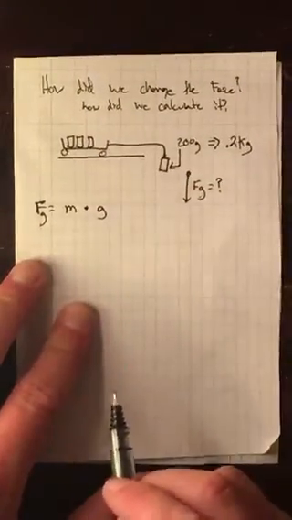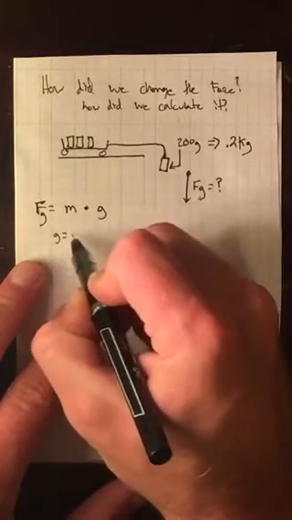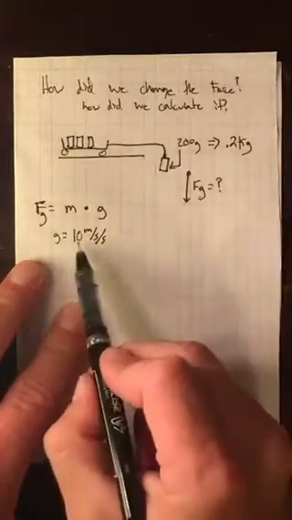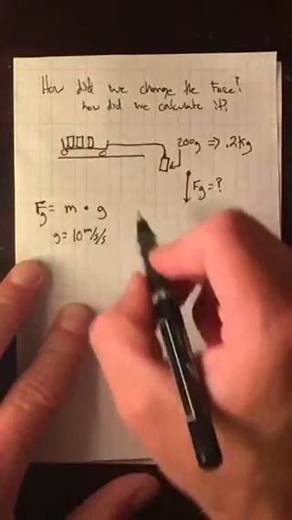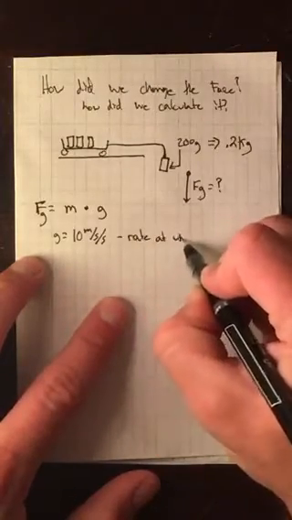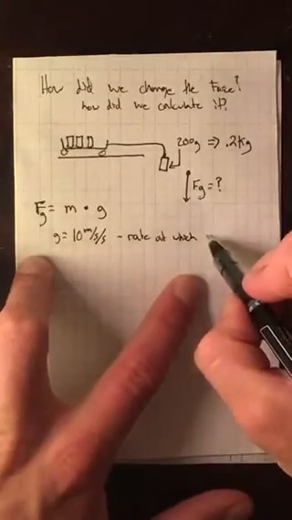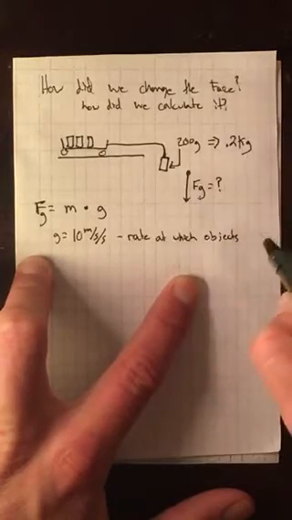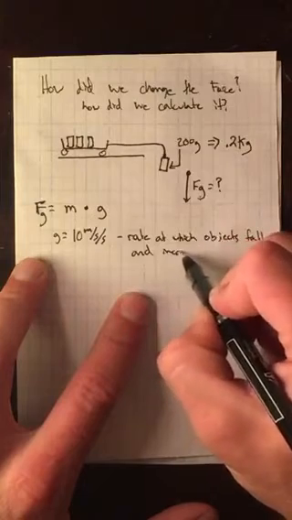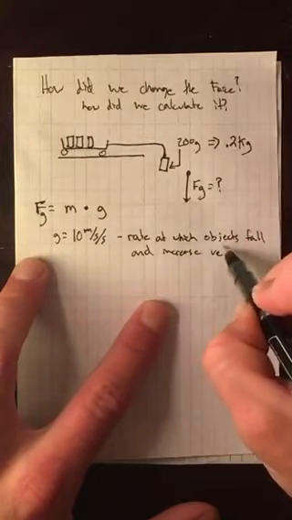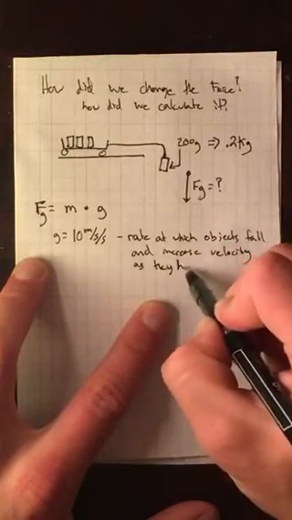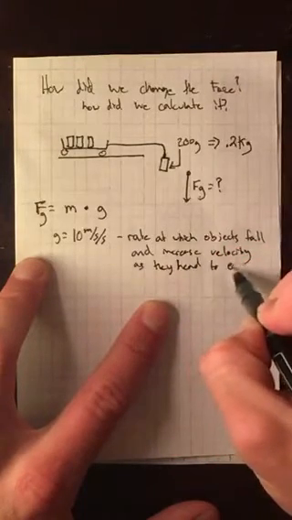That little g, that's 10 meters per second per second. That's the acceleration. This is the rate at which objects fall and increase velocity as they head to Earth.